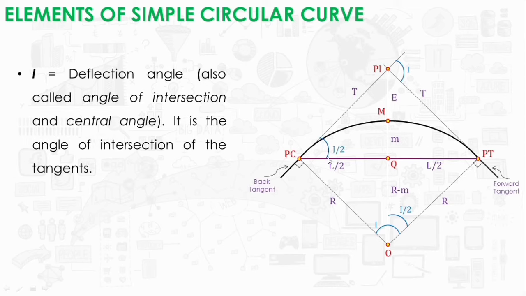Paano nagiging I over 2 yan? Kasi diba, same sa ginawa natin kanina, pero ngayon lang, consider lang natin tong triangle. So, yung angle dito kanina is 180 minus I. Diba? Yung summation ng interior angles ng triangle is equal to 180 degrees. Tama? So, 180 degrees minus 180 minus I, ilan na lang matitira?